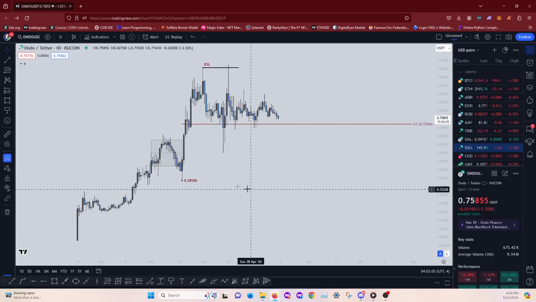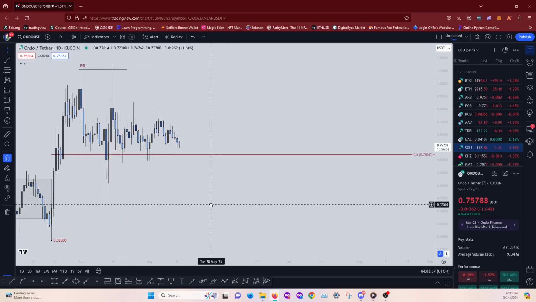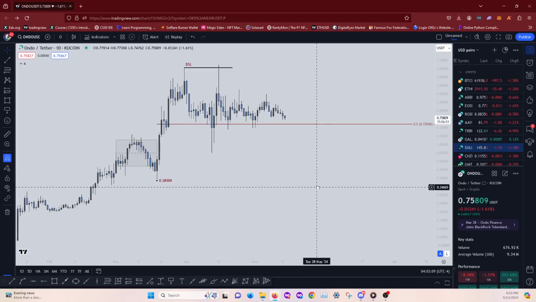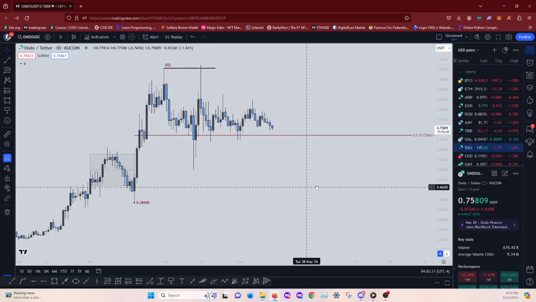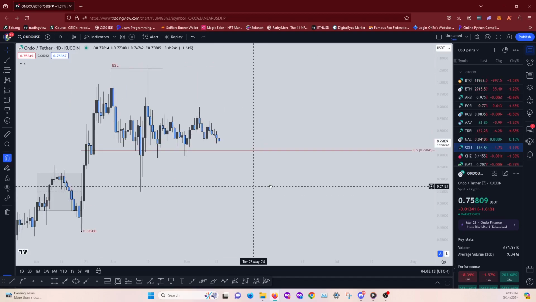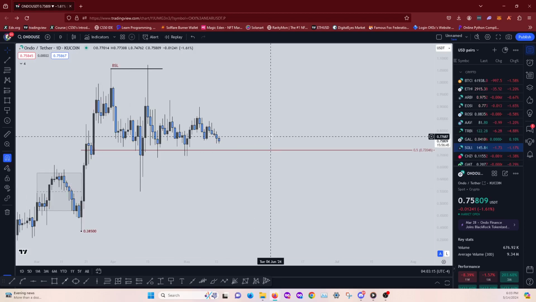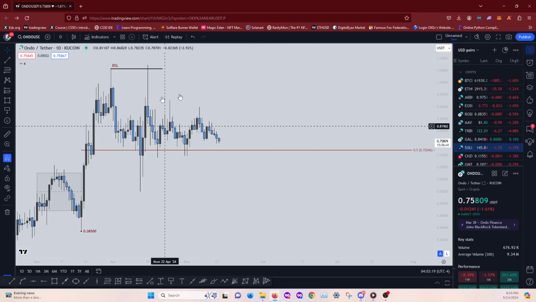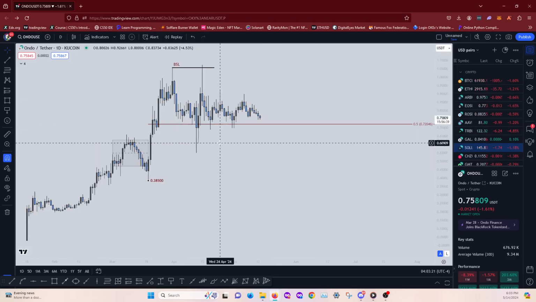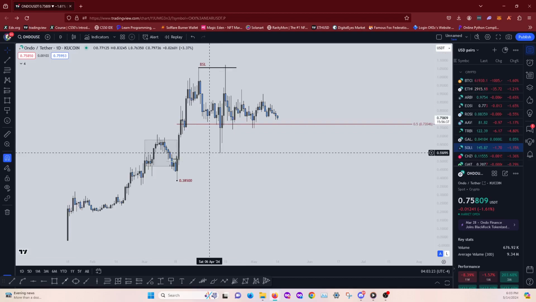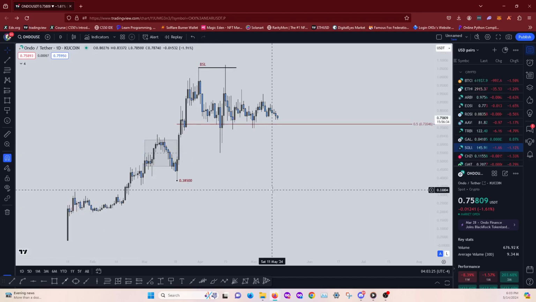It's very clearly been up only as well. So there's obviously not a lot of data to go off, but there are going to be traders and investors taking profits at some point, right?